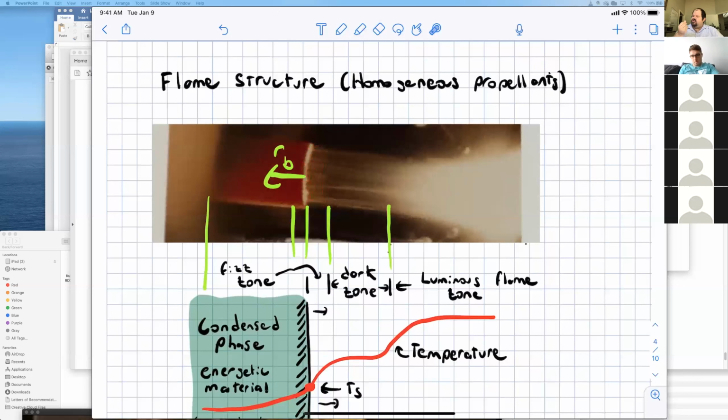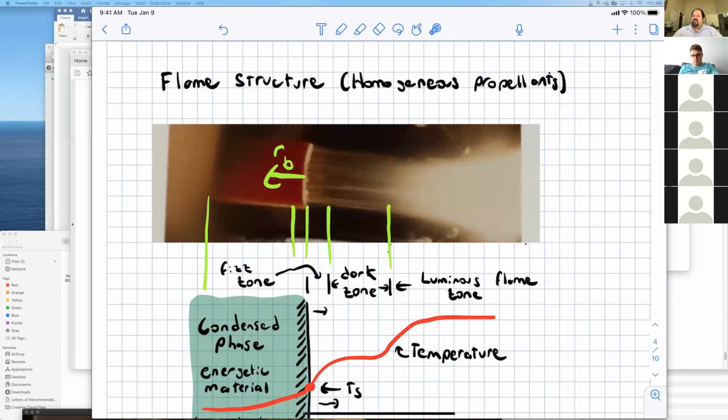reacting. Those initial reactions are very, very fast. And then after those initial reactions, there is a so-called dark zone where the products of these initial reactants are basically semi-stable.